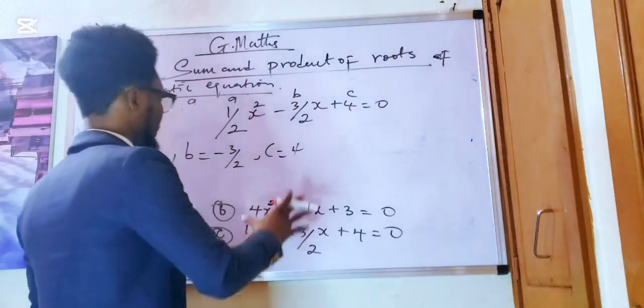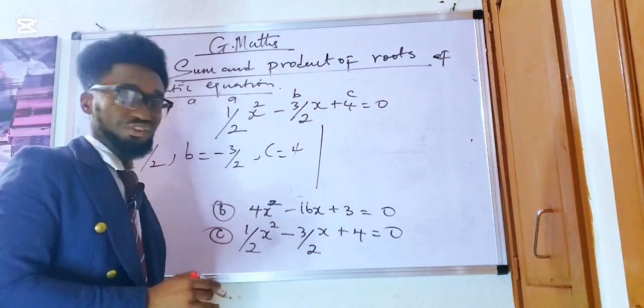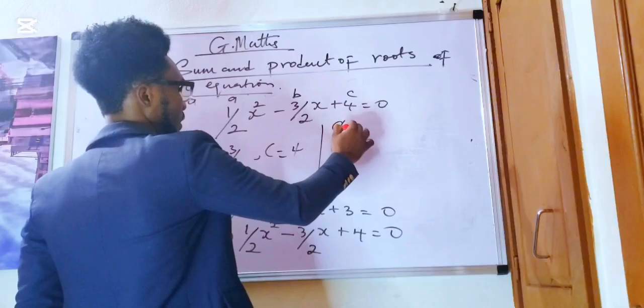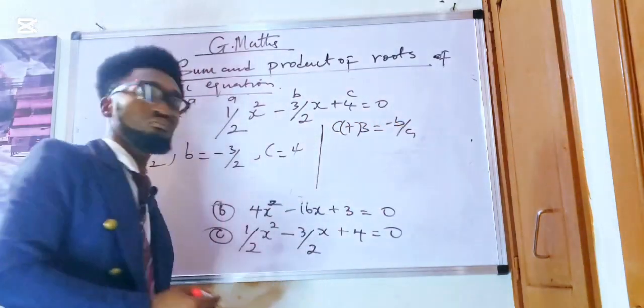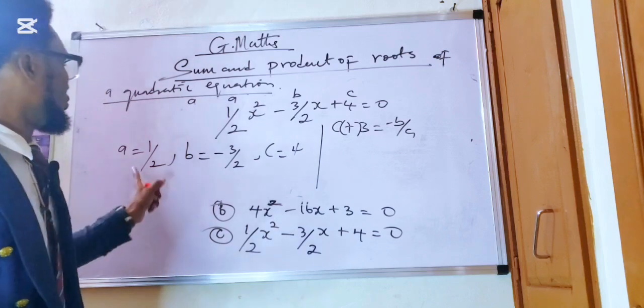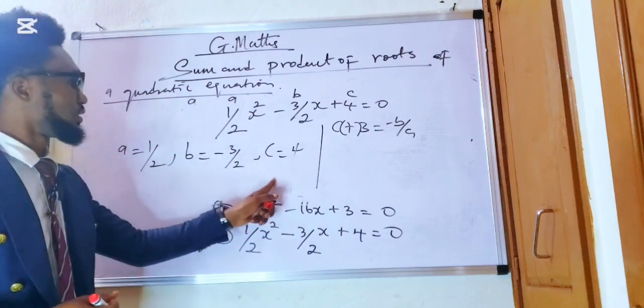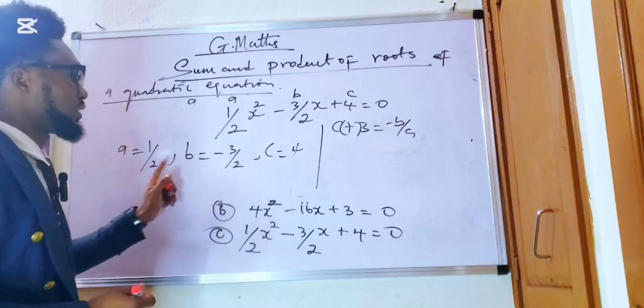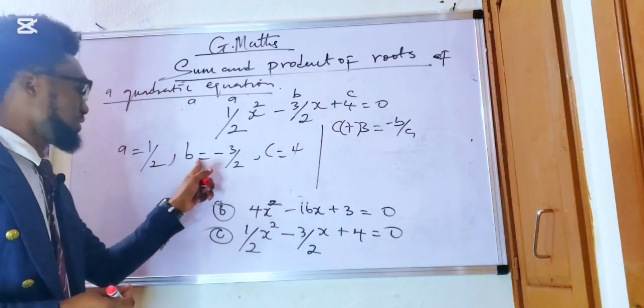So now, having stated all of these things, we remember our formula for the sum of roots. Here we have alpha plus beta as minus b over a. Now we look back to our stated terms here. Minus b over a. What is my b?